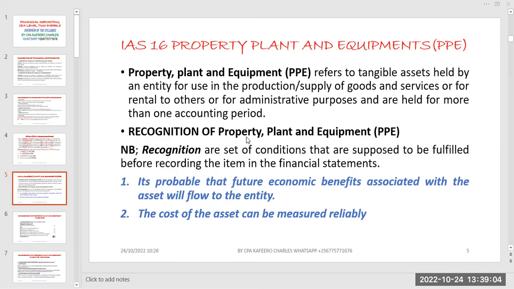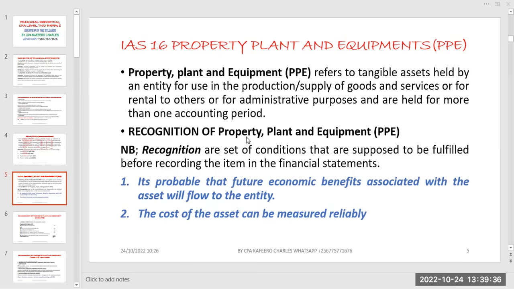If the company has a crane for lifting heavy items within the factory, it can be used out to get some rental, then it comes back for business. We shall look at that when we specifically try to separate. After understanding PPE and investment property, you get to know which one is which and which one falls in which side after handling those two concepts.